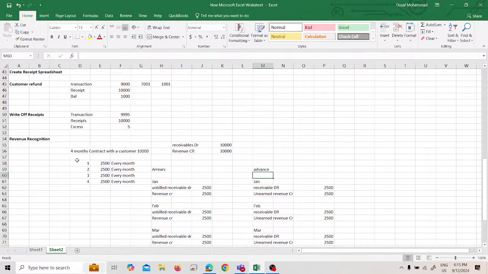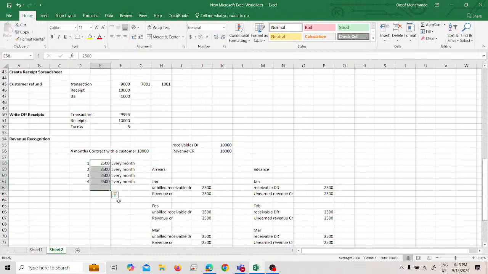So we have to do these setups. For this setup we have to configure the auto accounting for revenue recognition. Then we will create the revenue schedules. The schedules will become like this, and it will be done.